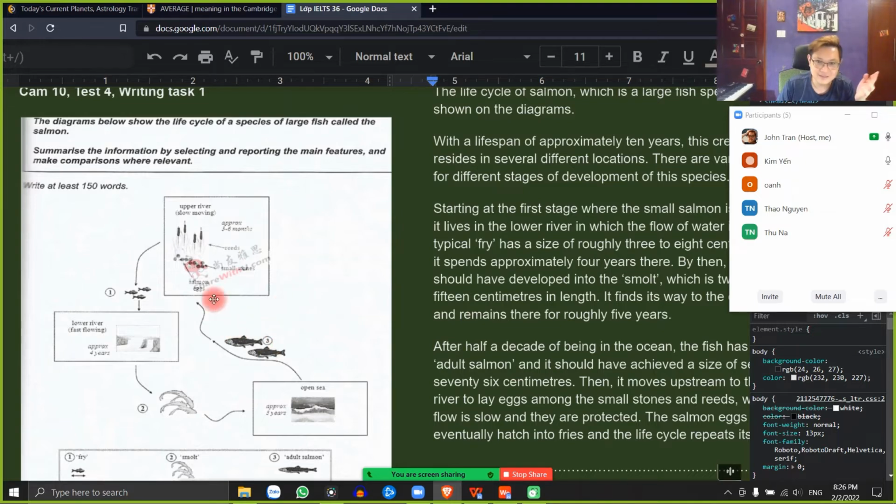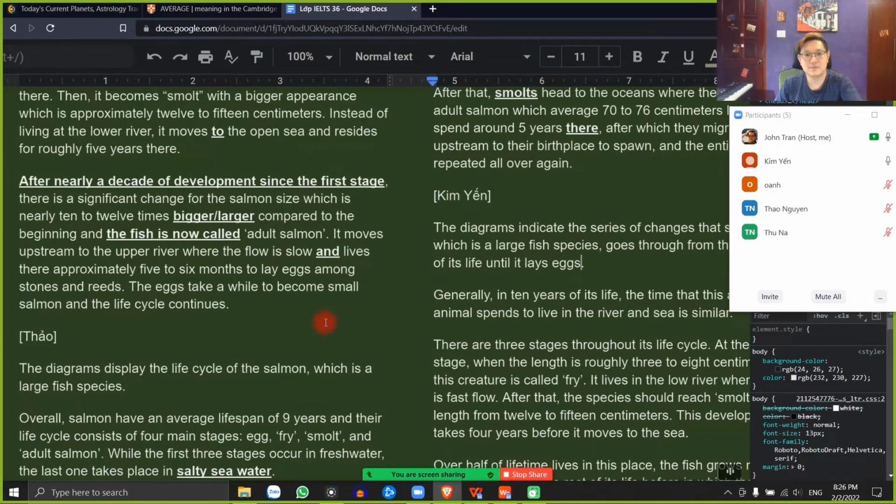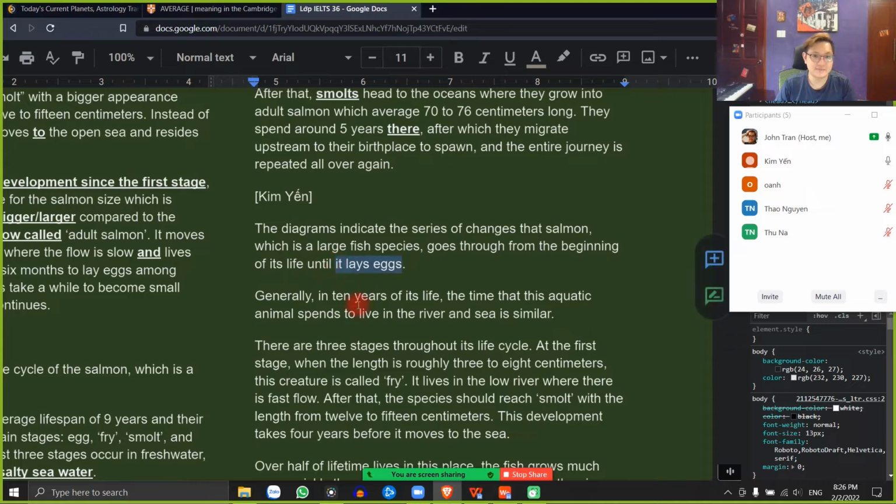Nó chỉ nói là đến lúc này nó đẻ trứng thôi. So I can just mention that, from the beginning of its life until it lays eggs. Safe, right? Khá là an toàn hơn nhiều nếu mình chỉ nêu ra những cái được cho. If you are only mentioning what you were given, you know. Alright, so until it lays eggs. Much safer. An toàn hơn nhiều đúng không?